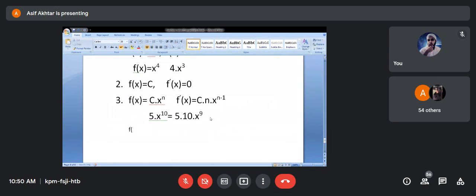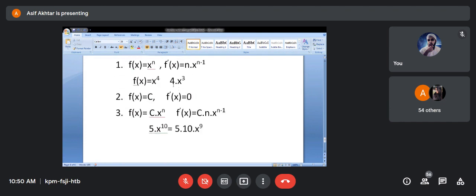I'm saying f(x), right? And I'm sorry, I'm just taking an example. Suppose we have the function x to the power 4, plus 5 into x to the power 10, plus 12.